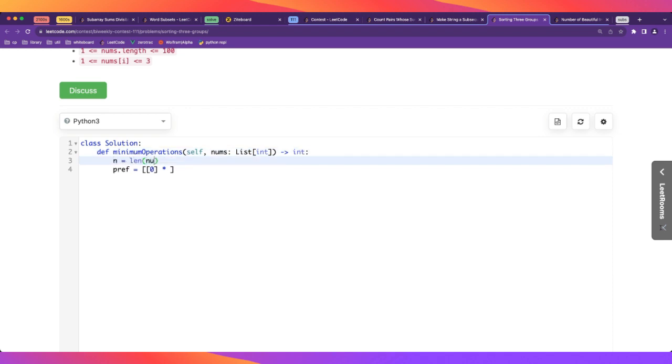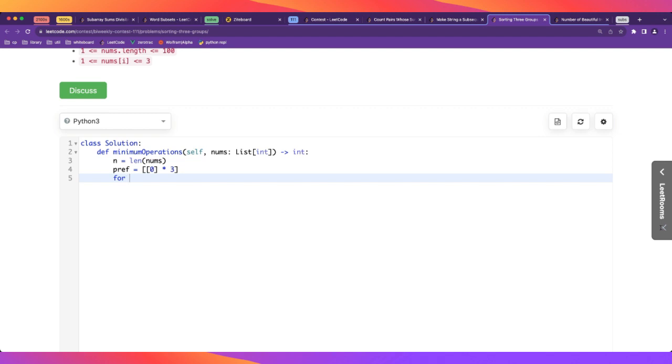Initially we'll have n plus 1 rows, because this is going to give us how many elements of that value there are in the first k elements.